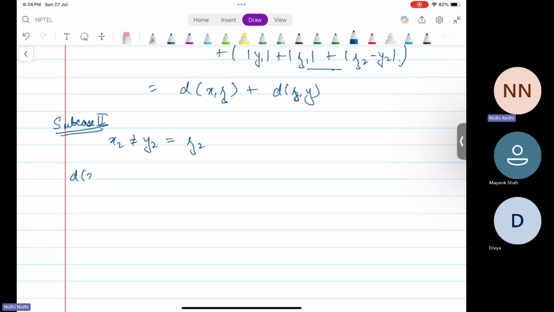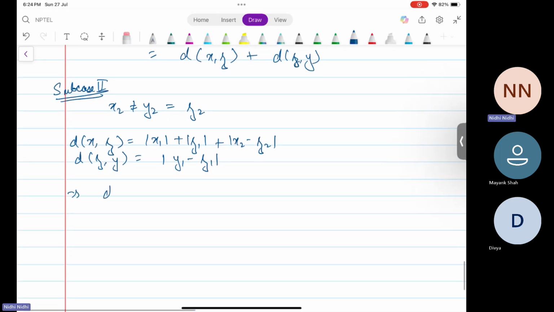So in this case, dxz is equal to, since x2 is not equal to z2, mod x1 plus mod z1 plus mod x2 minus z2, and dzy, since z2 is equal to y2, is equal to mod y1 minus z1.